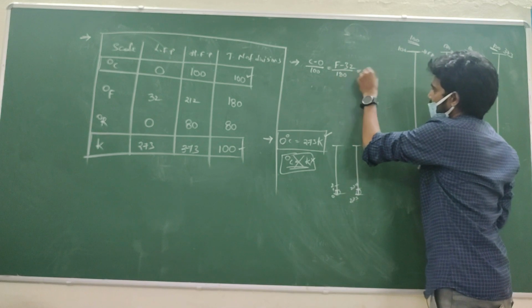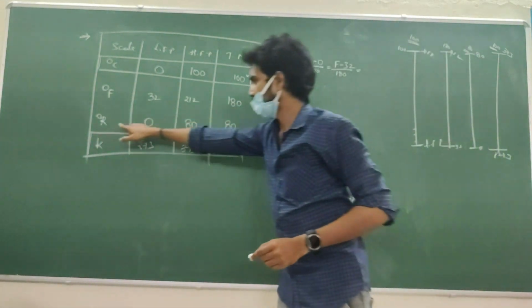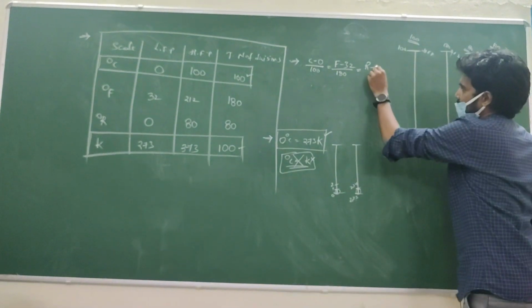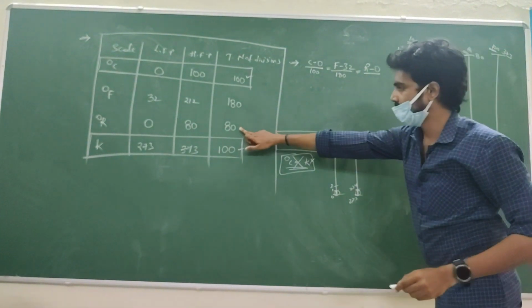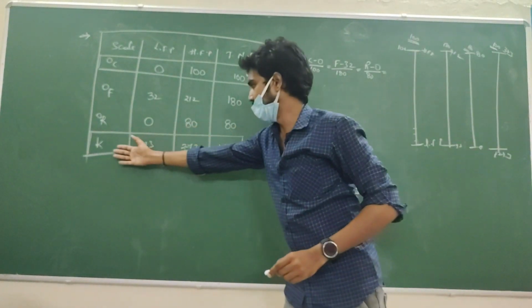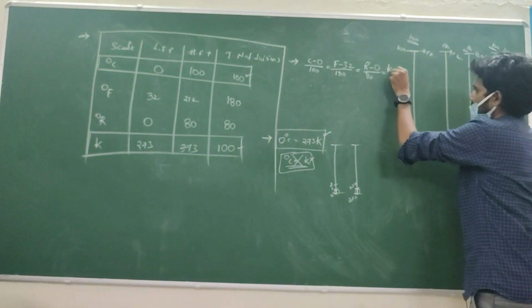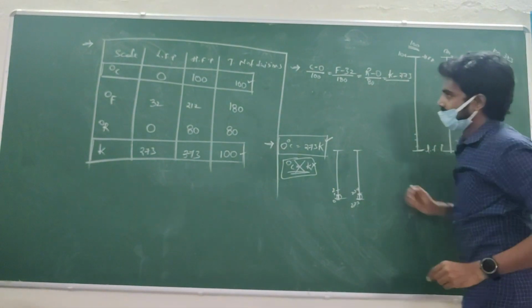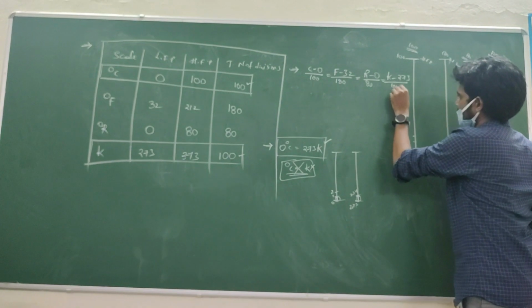Third case, symbol R, lower fixed point 0 divided by 80, equals finally K minus lower fixed point 273 divided by total number of divisions 100.